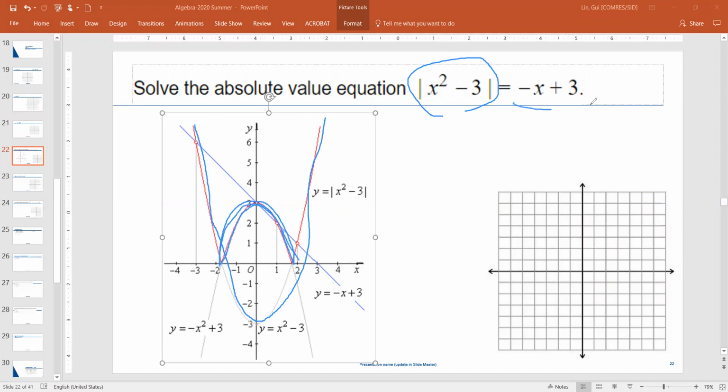The second part, -x plus 3, is right here. They cross this line, and actually there is one more line here. I missed it, my graph is not good, there is still some line here and here. They have 4 answers. They got -3 and 0 and 1 and 2.